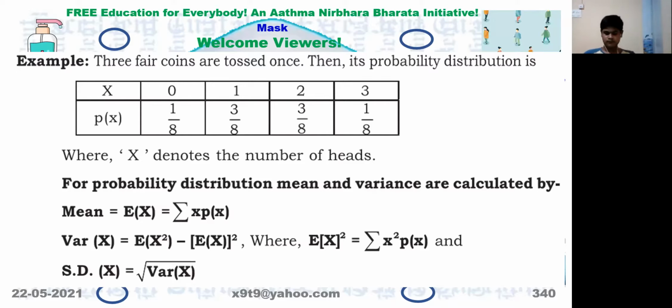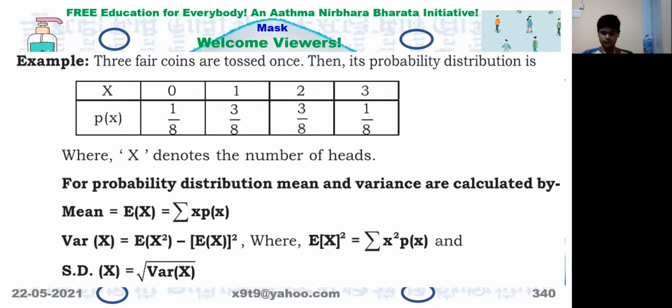Now, if you shake it and drop, we want to find how many ones will come, what are the chances, how many twos, like that. So, can you prepare that table there and write it? See, in the x column, the values will be 1, 2, 3, 4, 5, 6.